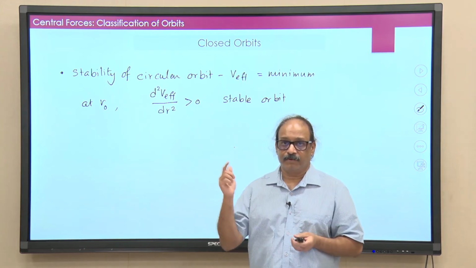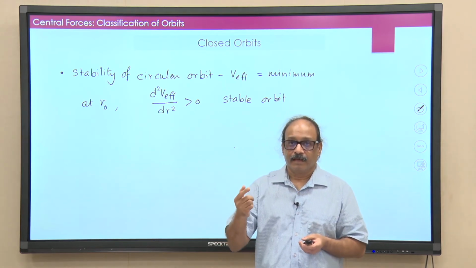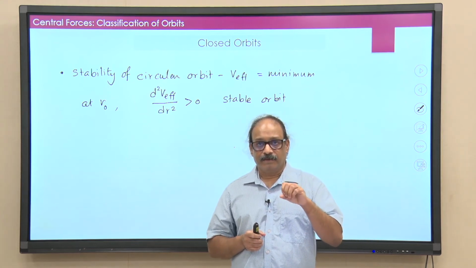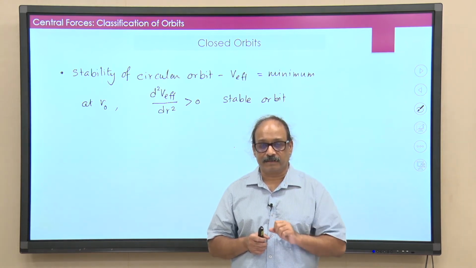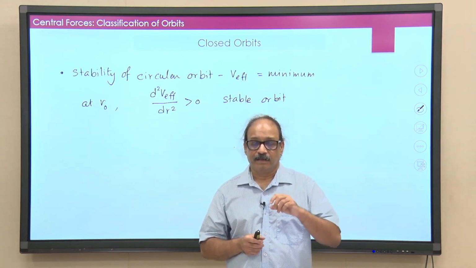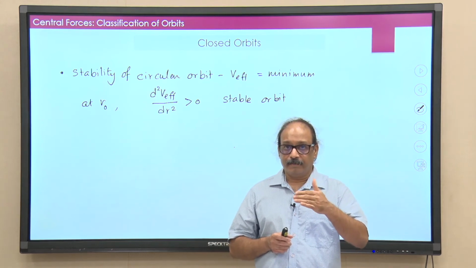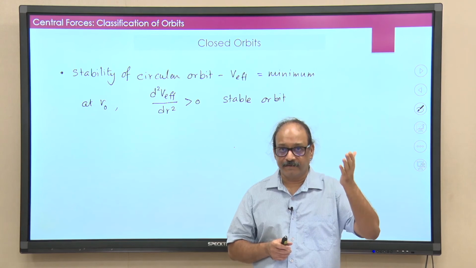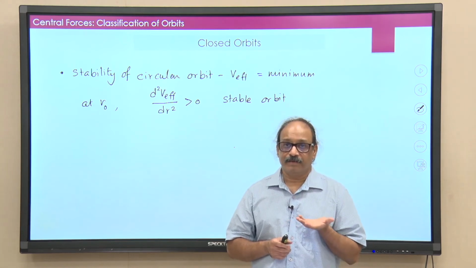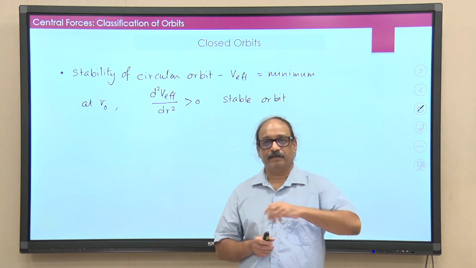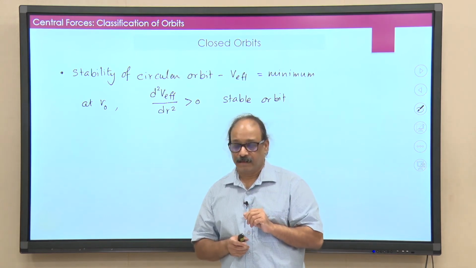Suppose it is performing a circular orbit, and at some point you give a slight amount of radial velocity. Okay. If you give a slight amount of radial velocity, then it will be pulled back towards the orbit if V effective has a minimum. If V effective has a maximum at the circular orbit, of course, the particle will just fly away to infinity.